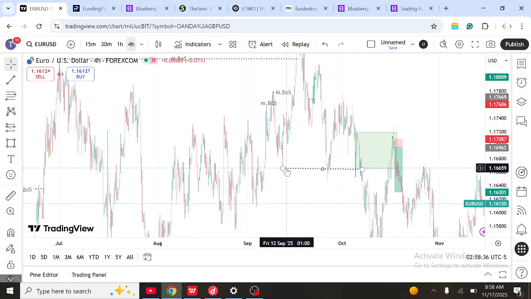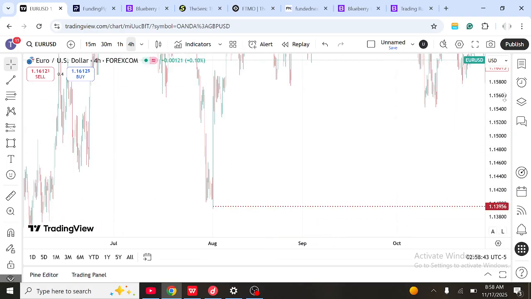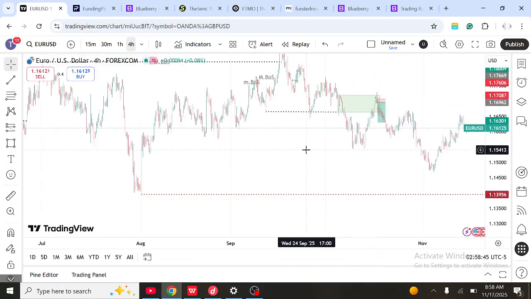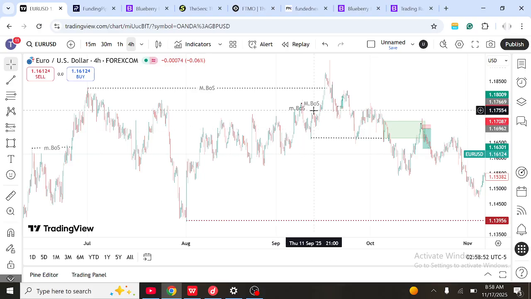Then I use this to explain this change of character that we have here. I would have used this, but price is not there yet, so I have to look for a small version of this setup, and this is it here.